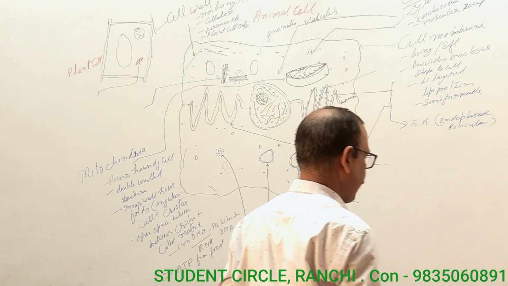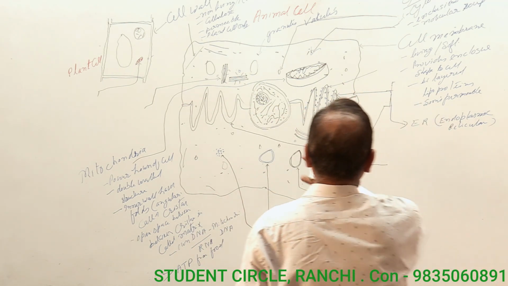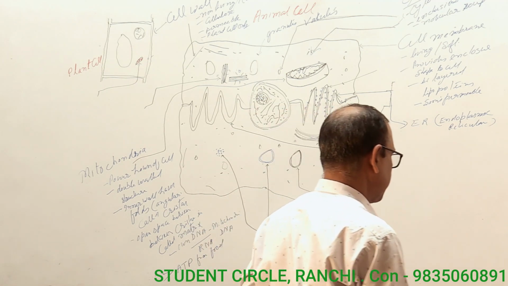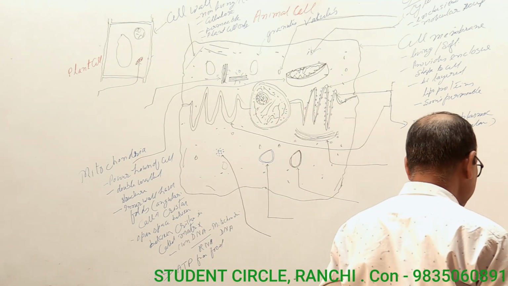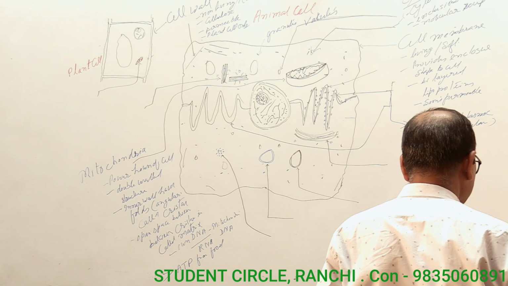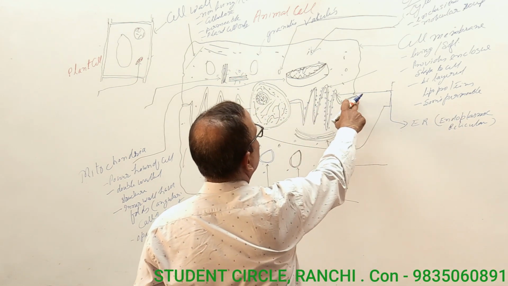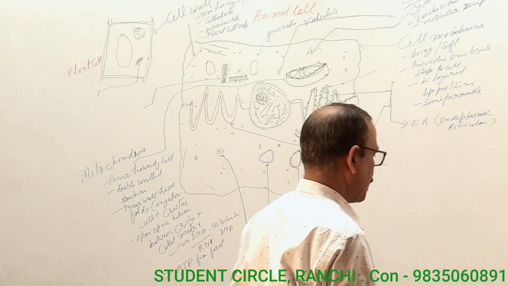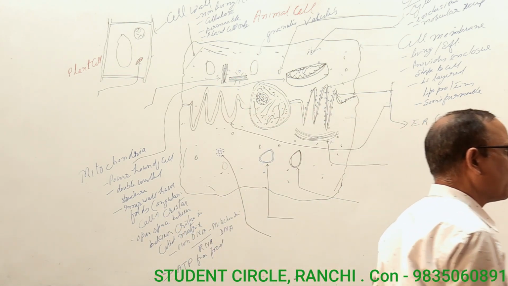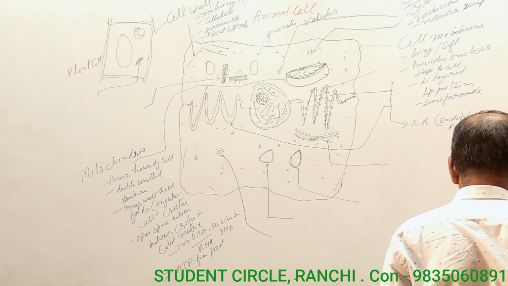It is a flattened sac, tubular, as we can see. It is a flattened sac-like structure connected to the nucleus and to the cell membrane also. So it provides shape and support to the cell.